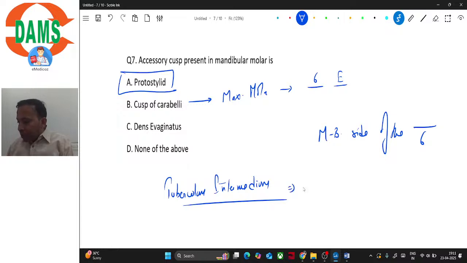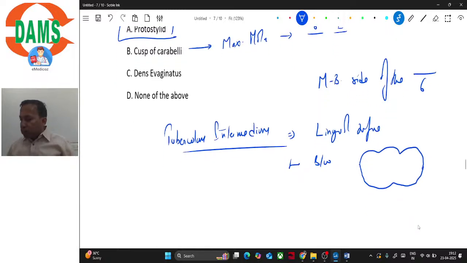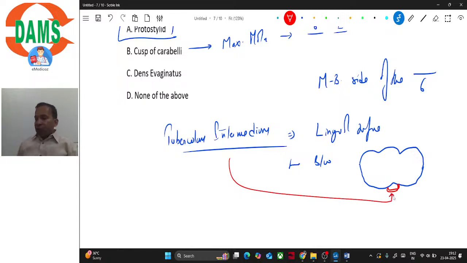Now this tuberculum intermedium is associated with the lingual surface, and it is found between, so let's say this is the first molar, then the tuberculum intermedium would be found between the mesiolingual and distolingual cusps. So this is the tuberculum intermedium, right? Let's say this is the distal margin, right? And this is the mesial marginal ridge.